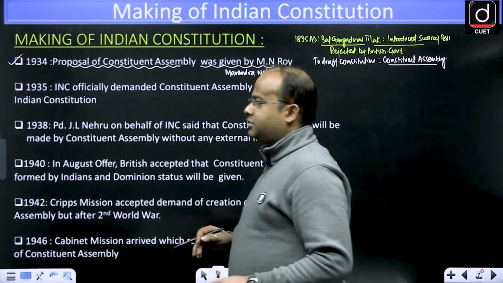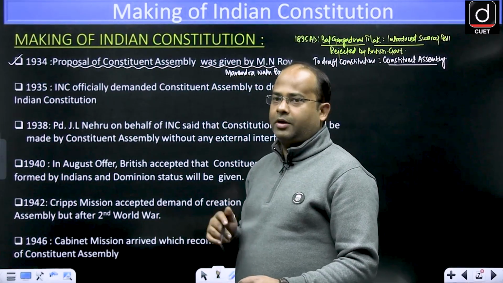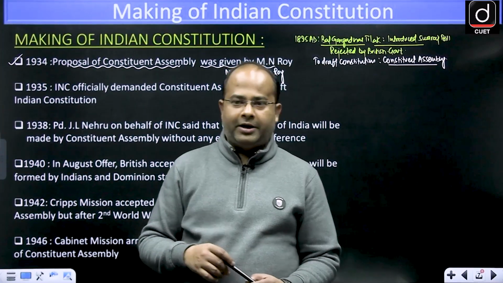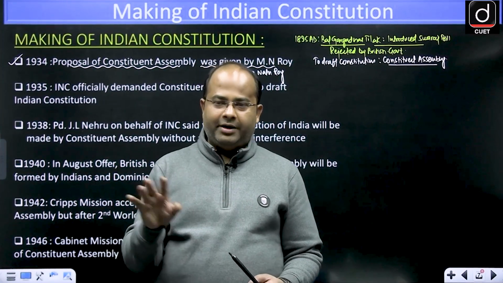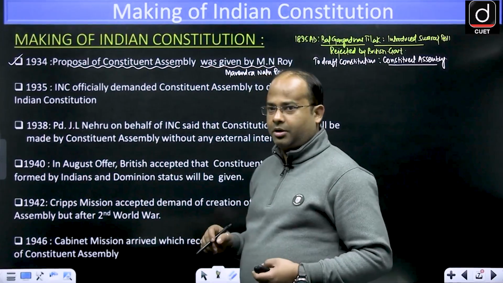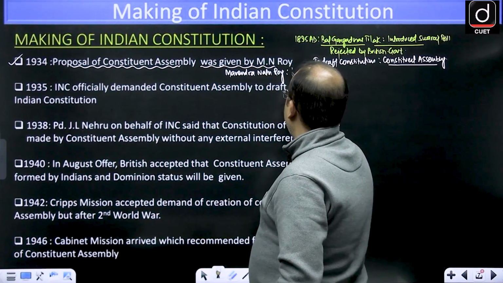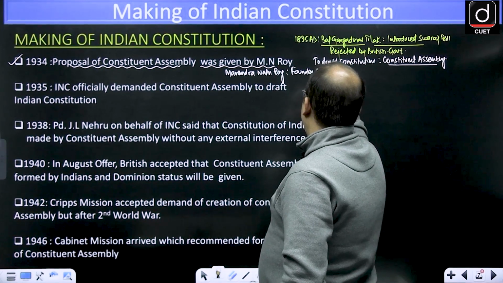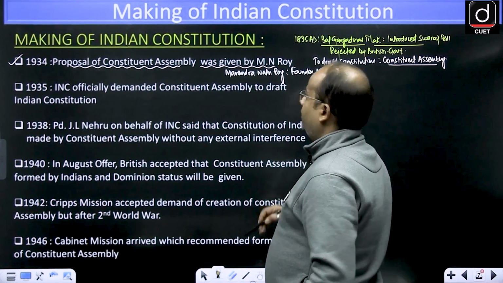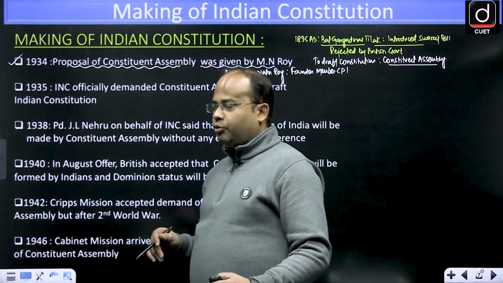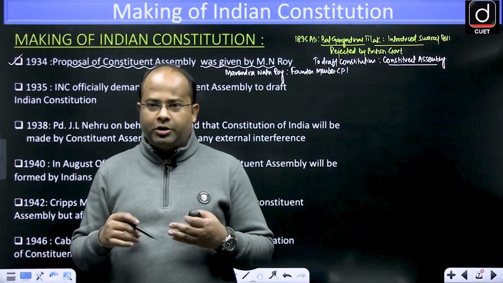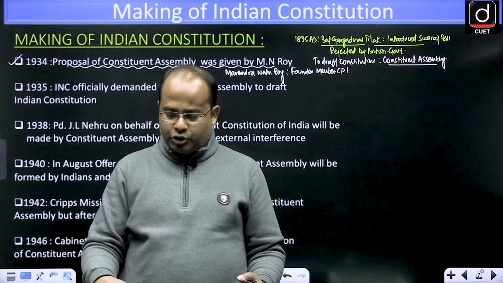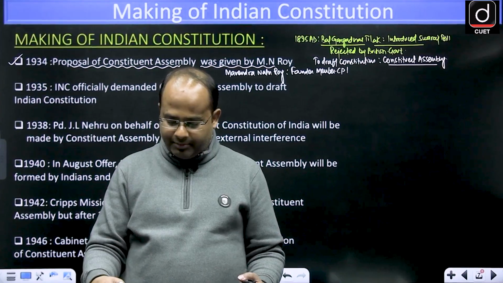He gave the proposal for formation of a constituent assembly so that the Constitution of India can be drafted, and this was given by Manvendra Nath Roy, who was the founder member of the Communist Party of India. So he gave the proposal that the Indians should have their constituent assembly so that the constitution of India can be drafted.